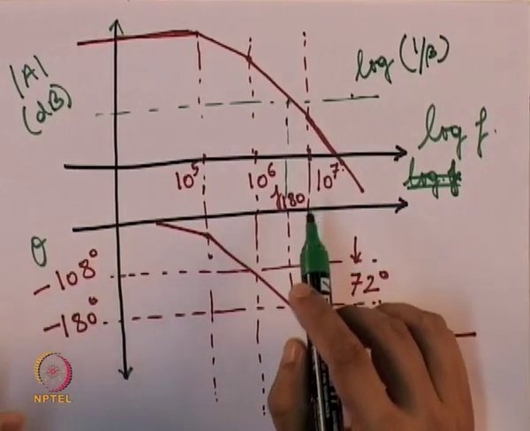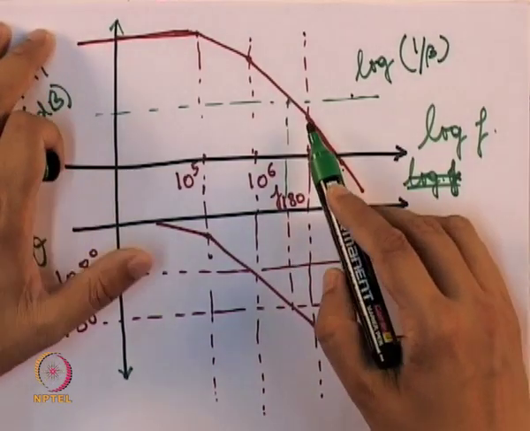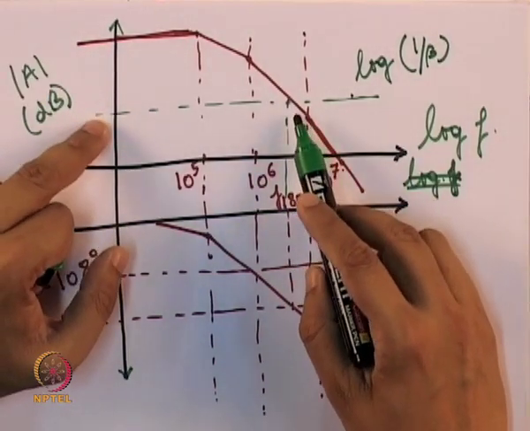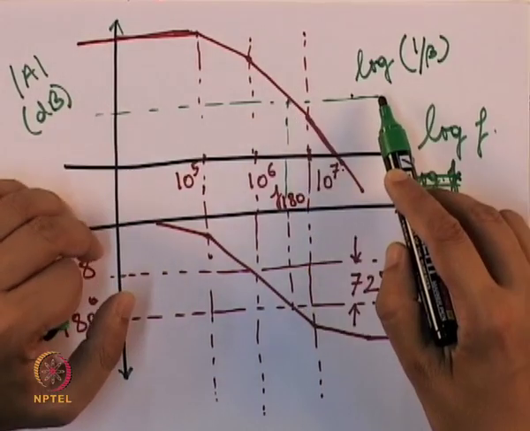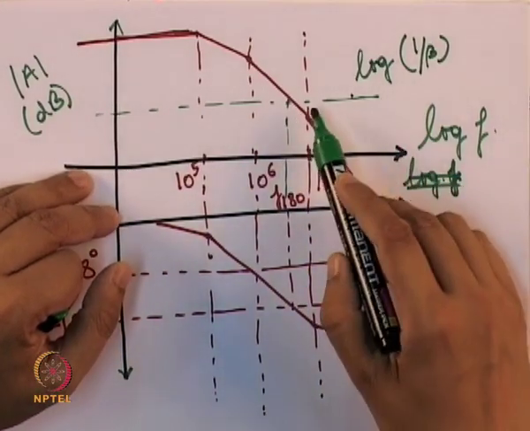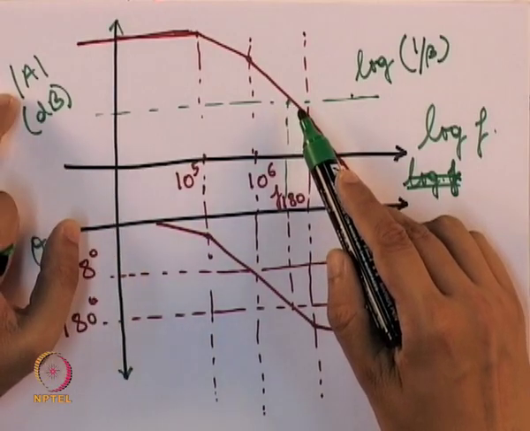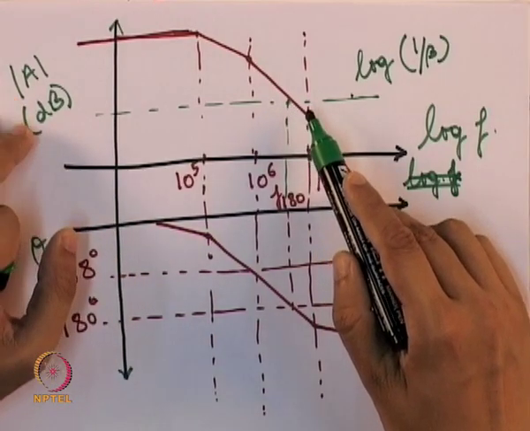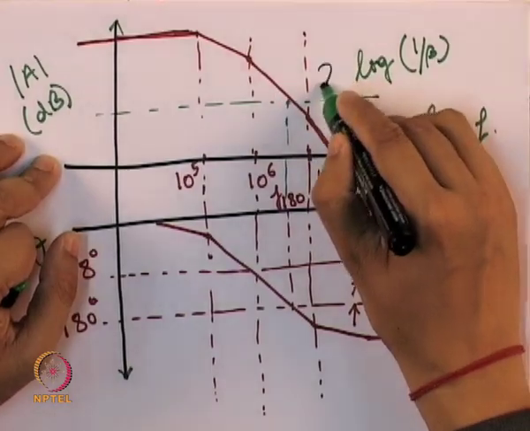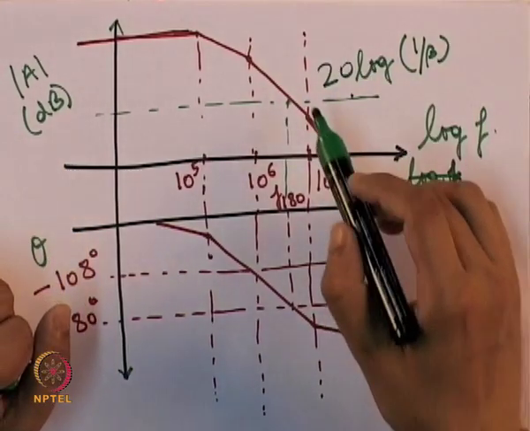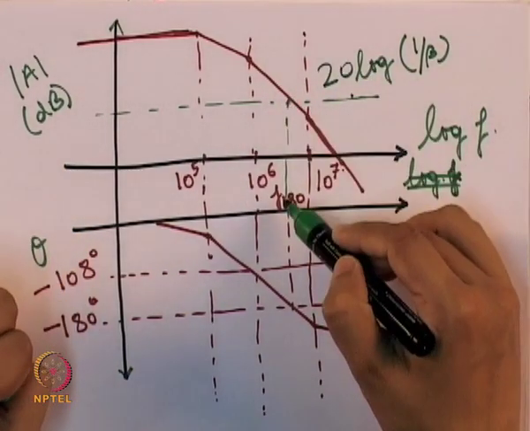Now, here this log of 1 upon beta crosses, so this green line which represents log of 1 upon beta crosses the red line which represents log of A or A in dB. So this is actually 20 log of 1 upon beta at the frequency f180.